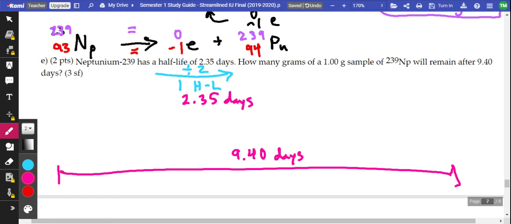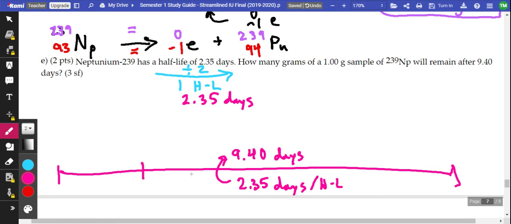Well, if the whole thing is 9.40 days and each half-life takes 2.35 days, then 9.40 divided by 2.35 tells me how many half-lives can fit into this. 9.40 divided by 2.35 is 4. So I can fit 4 half-lives in here.